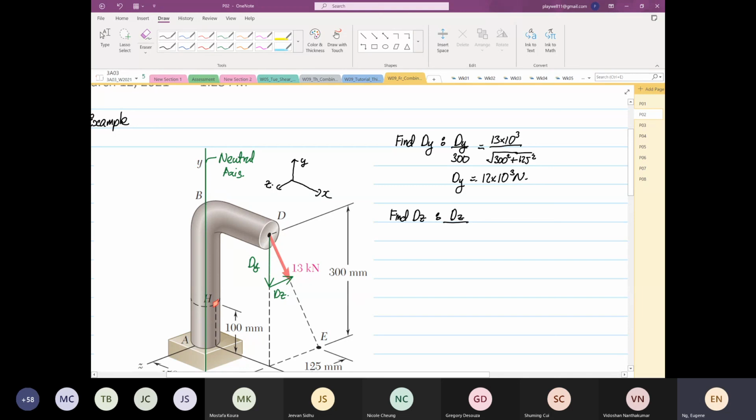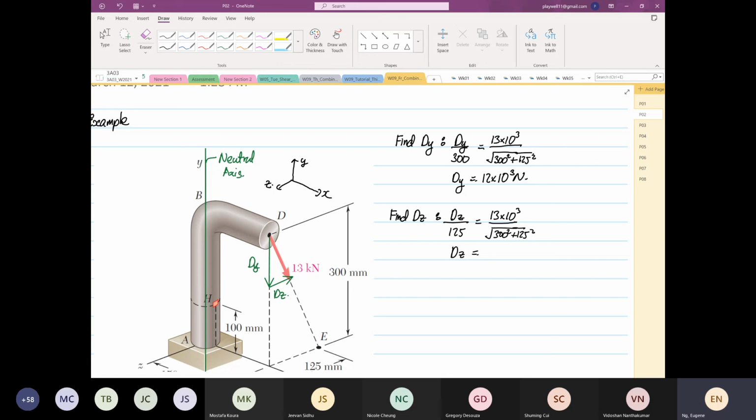If I look at dz, it is over 125. So this is equal to 13 times 10 to the power 3 divided by the square root of 300 squared plus 125 squared. So dz is equal to 125 times 13 to the power 3 divided by the square root, bracket 300 squared plus 125 squared, close bracket.